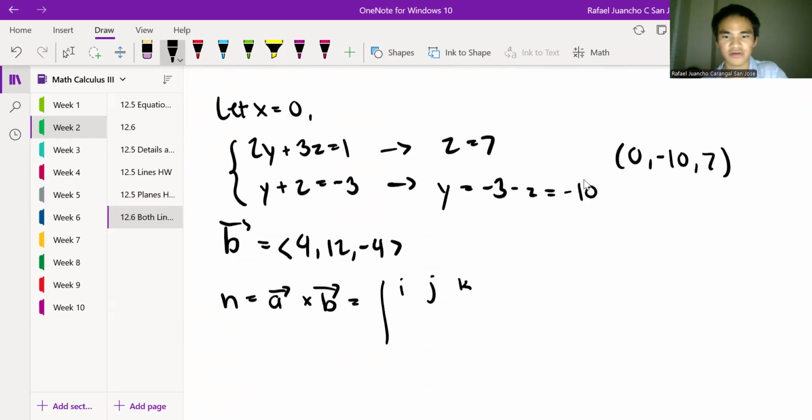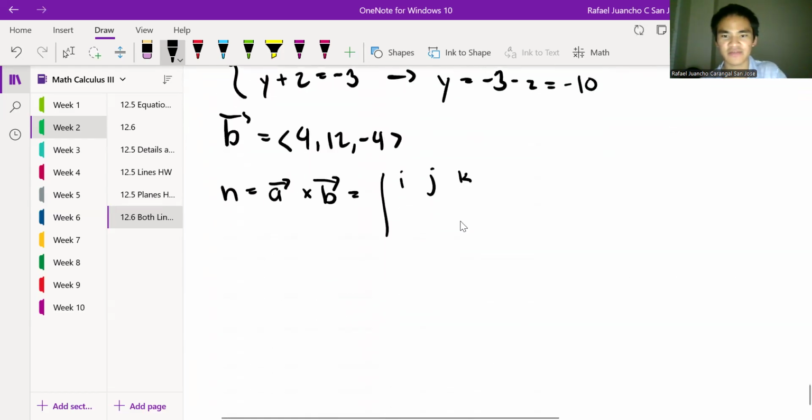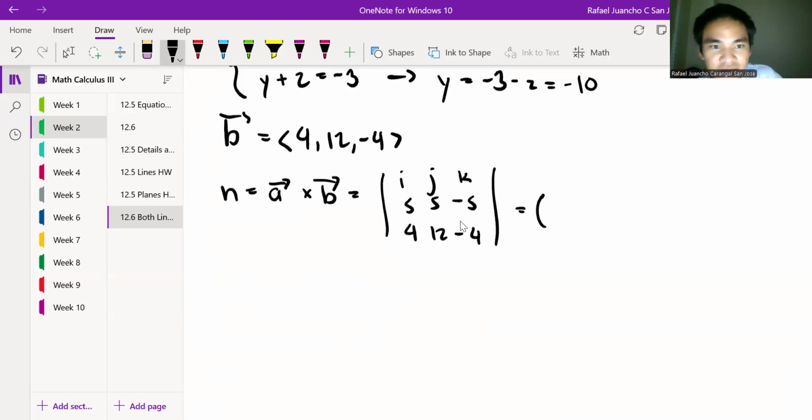A lot of cross products are coming into play here. 5, 5, negative 5. 4, 12, negative 4. Let's do it again. So we have, what's this? I, take out the I. Negative 20 minus, what's this? 12 times negative 5? 60.